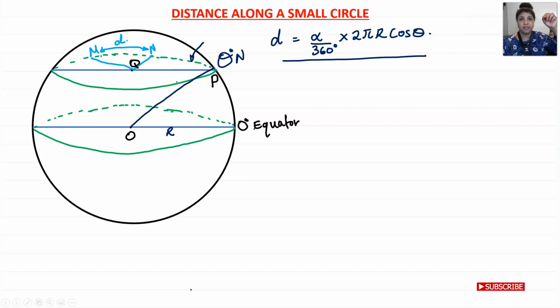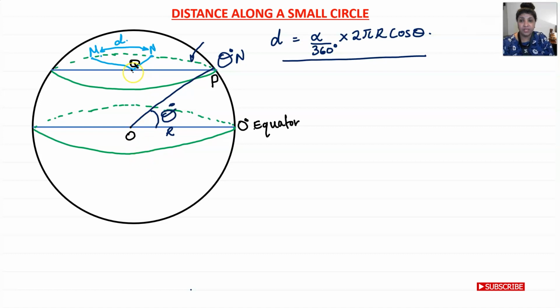You have to think about it. It's on the globe and it's on the corner, so P is on the corner of the globe. That whole latitude is at theta degrees north. So this angle here is what is referred to as theta degrees. What else do we need to know?